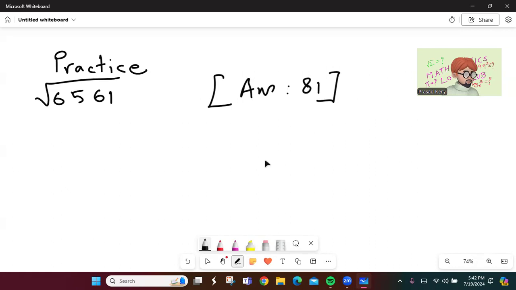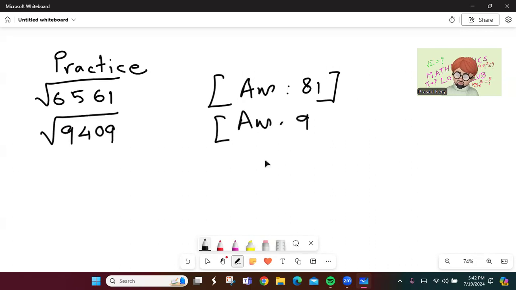The second problem: try to find the square root of 9409, and the answer is 97 here.